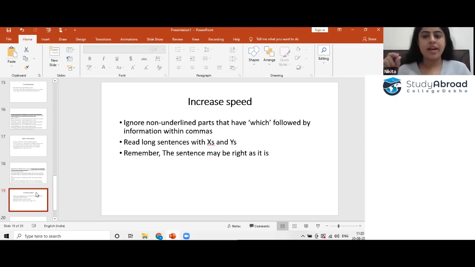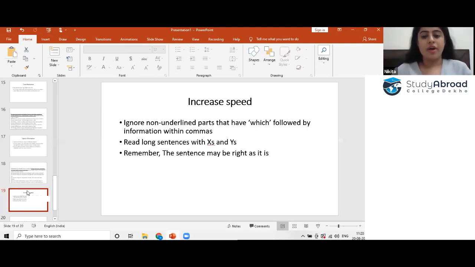So you can underline a portion and mentally mark it as x, and another part of information you can mark as y. Instead, you need to squeeze the information so that you get the bigger picture clear.